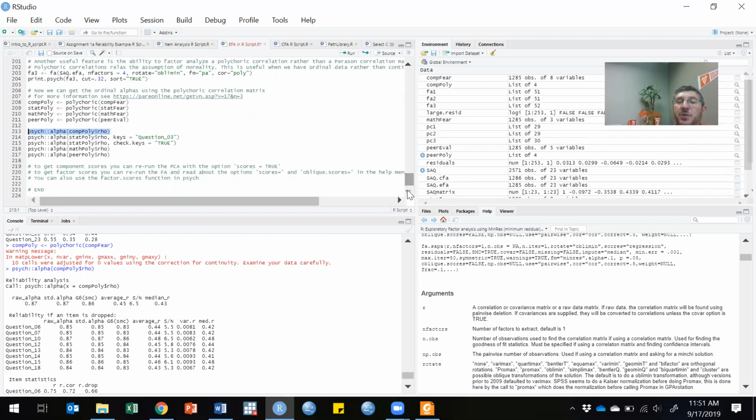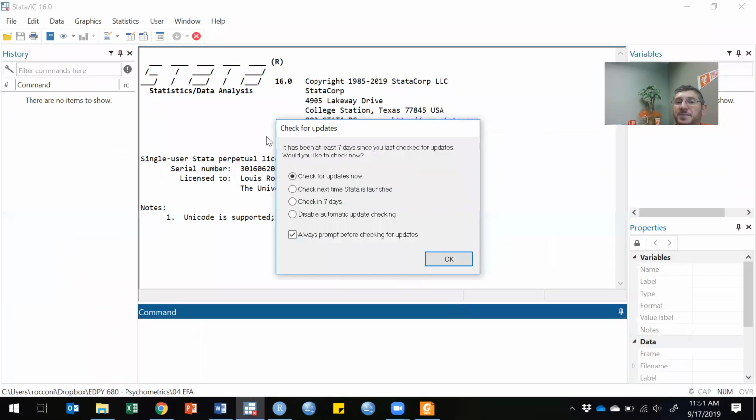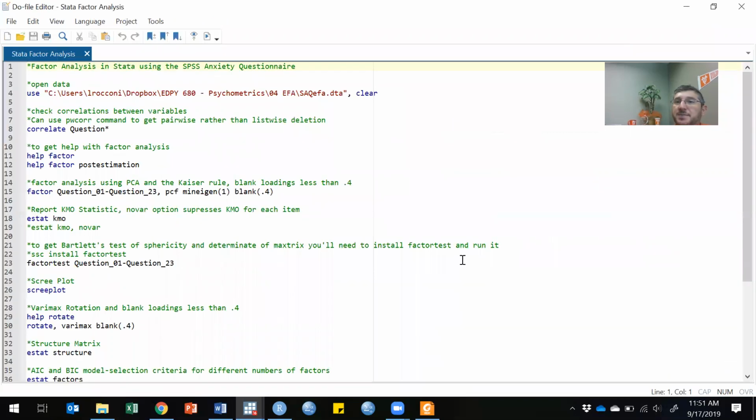There are also some comments here talking about how you can calculate factor scores with both the principal command and the factor analysis command. There's also syntax on Canvas to run all the same things in Stata.